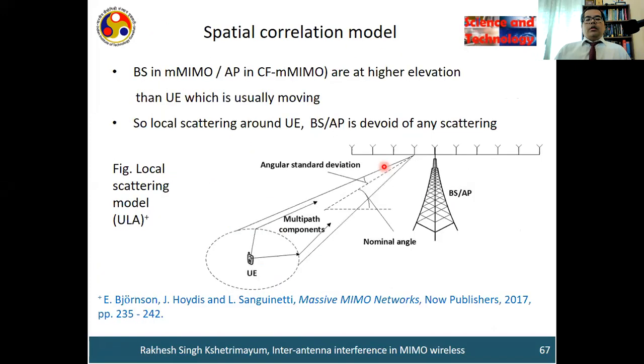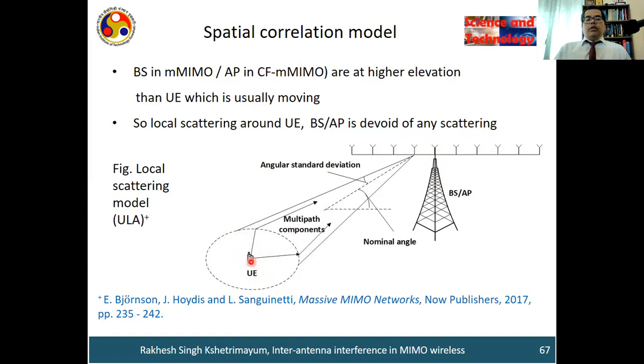So here, the performance is actually affected by something called spatial correlation. This is the base station antenna. The base station is at a higher height. So usually the base station doesn't have any kind of scattering because the number of scatterers for the base station at higher elevation is less. But a mobile user at a lower elevation will always be surrounded by scatterers.